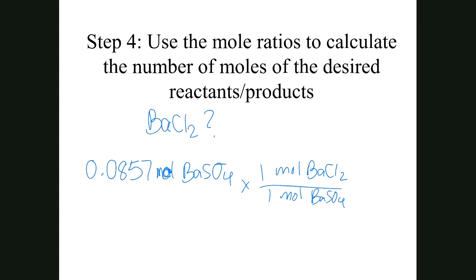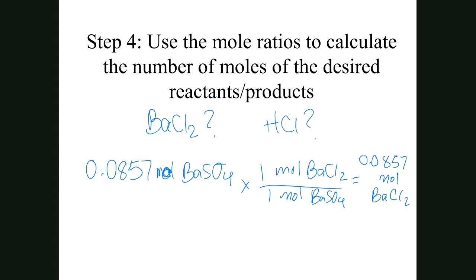So a 1-to-1 ratio means that we are going to end up with 0.0857 moles of barium chloride. Cool. Our question also asked how much HCl we would need.